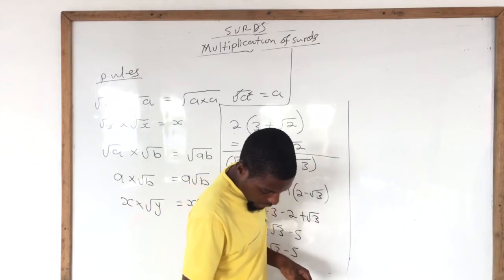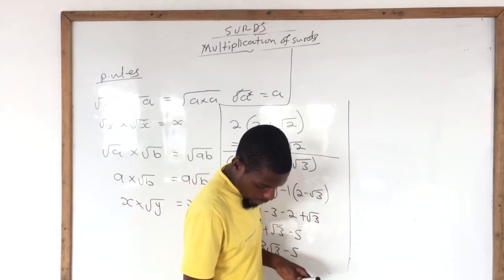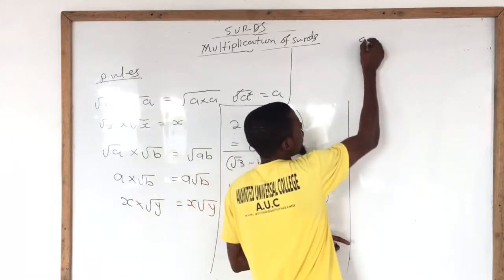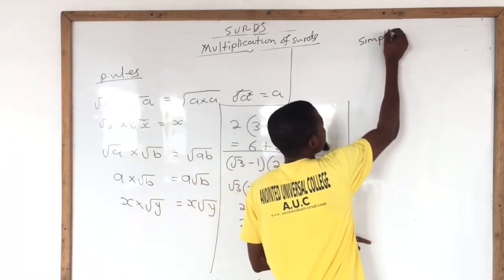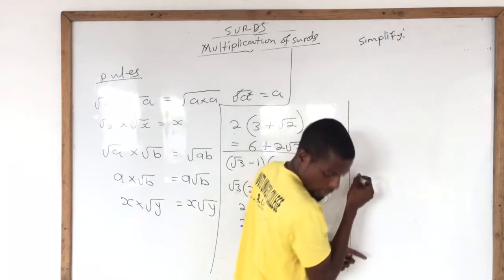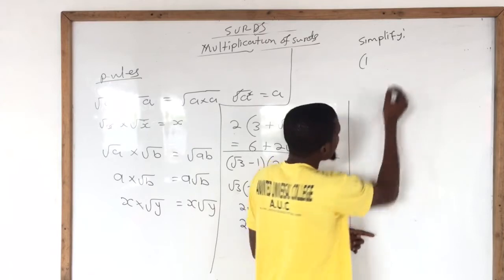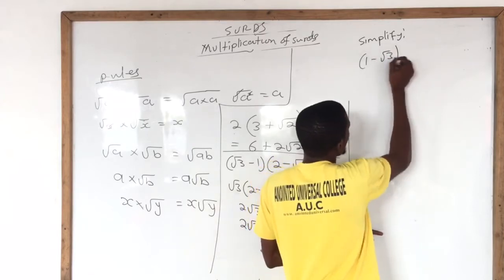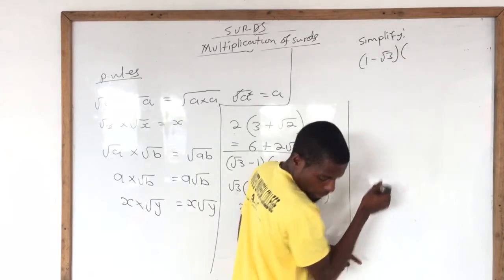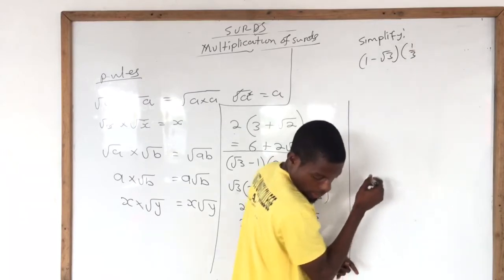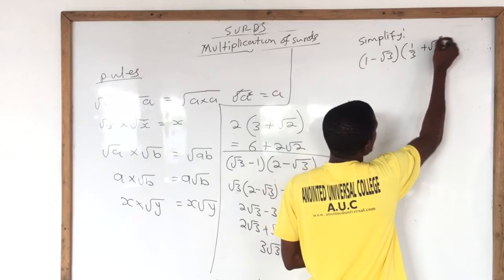Let's look at another example. This time, this one says simplify: 1 minus root 3 multiplying 1 over 3 plus root 3.